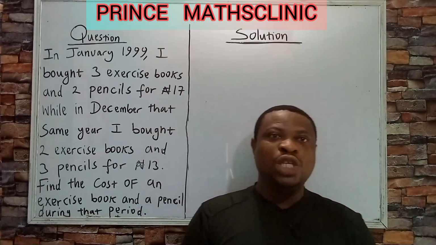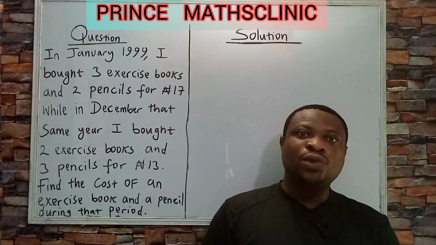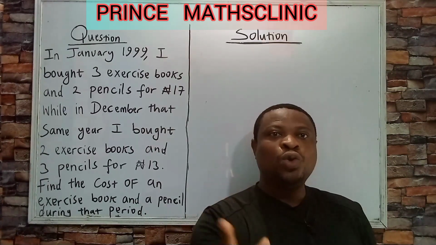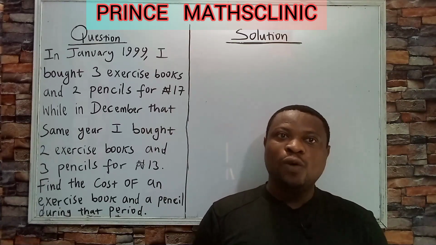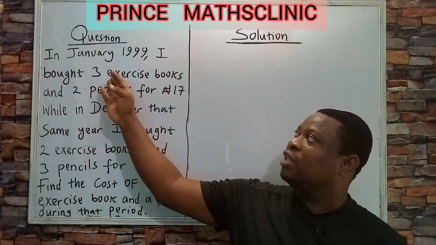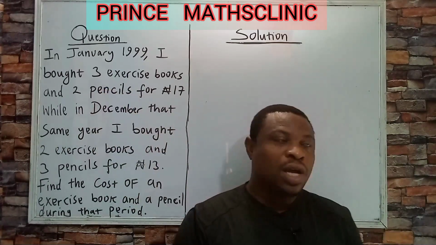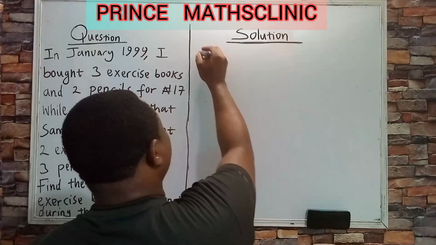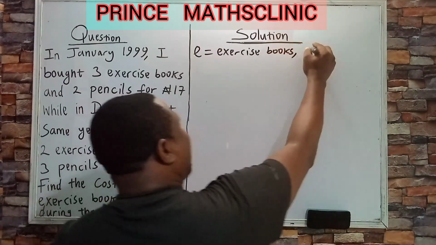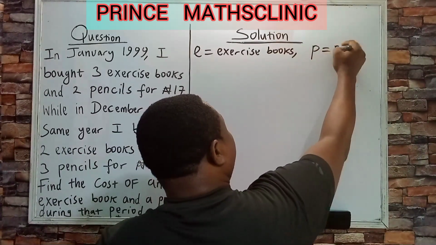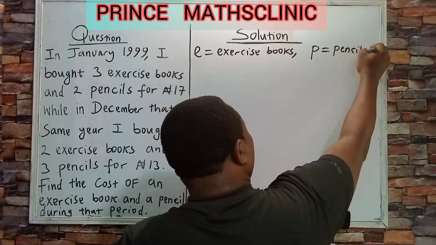Now, the first thing we need to do is to allow two alphabets to represent our variables. So for this question that involves exercise books and pencils, I am going to use E to represent exercise books and P to represent pencils.